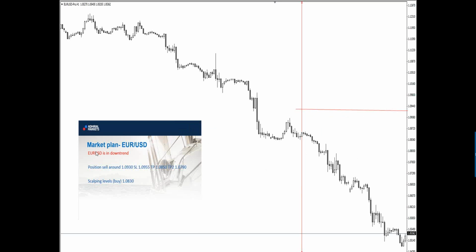But sometimes it can happen, as in this example, that we will not get an exact entry, as we didn't get any on euro dollar. But the thing is, use this analysis as a guidance. So let's say that you have your own system which you trade.